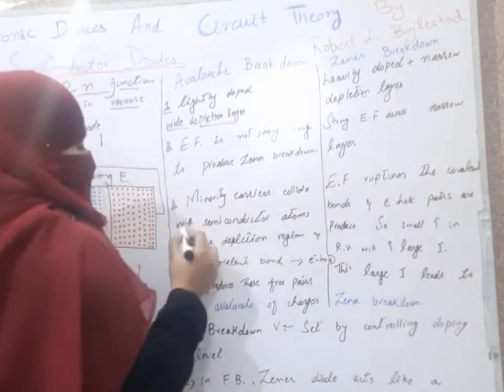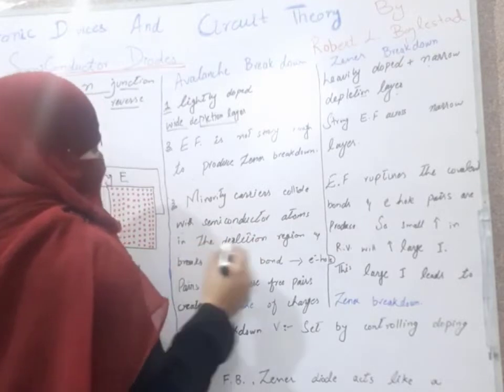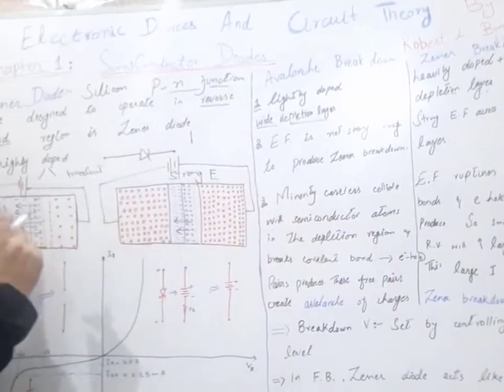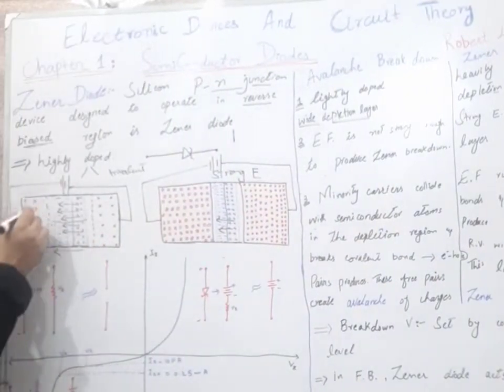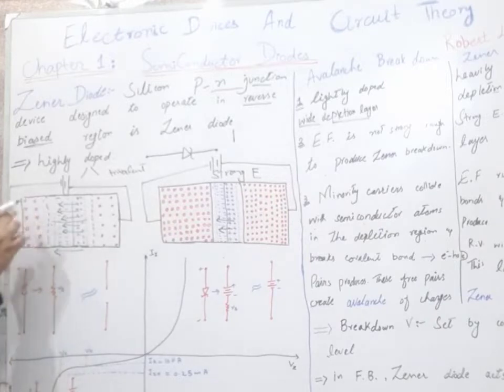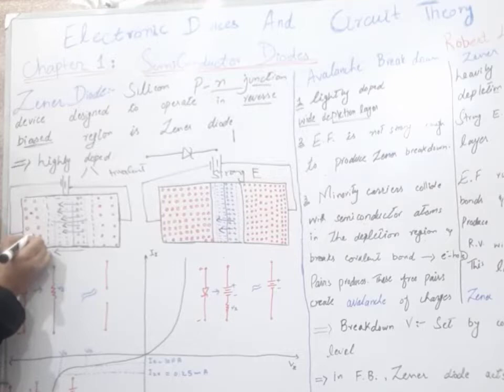Minority carriers collide with semiconductor atoms in the depletion layer. Here this is the n type, and it has holes. There will be electrons, and these electrons will be the minority carriers in the n type.